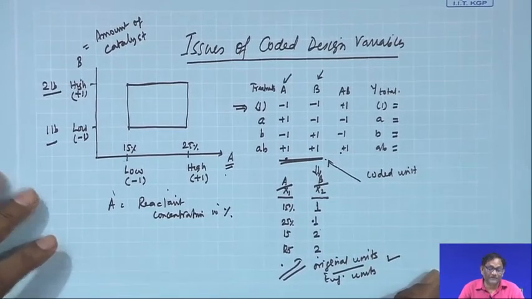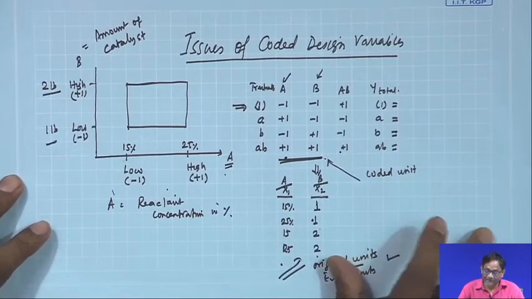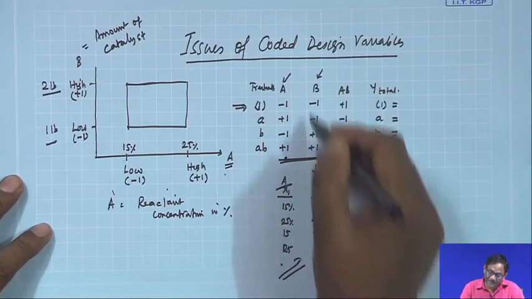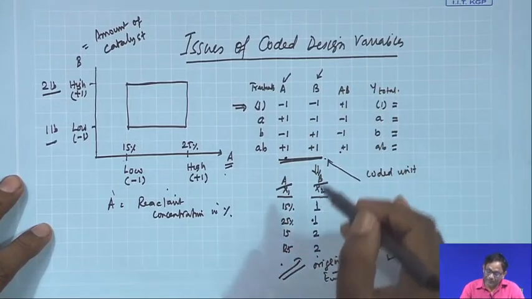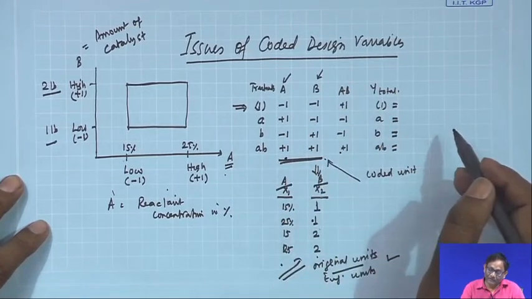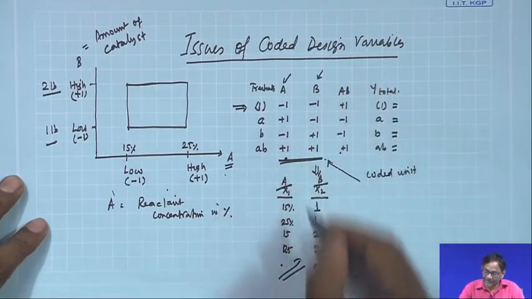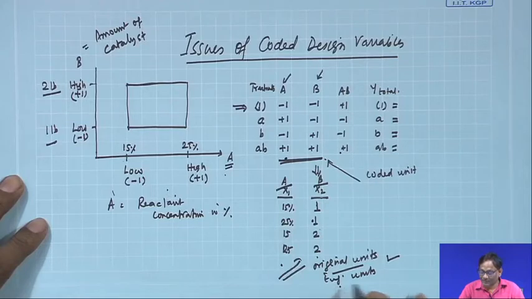If there is a difference, why? And finally, is there a way that, even if your analysis is done using coded design variables, the results can be converted to the original units or engineering units?